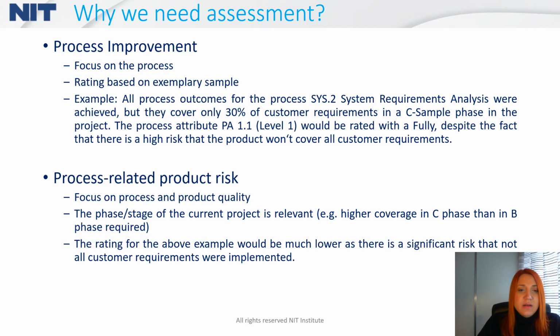In this way of assessing, we will check where the project is. If the project is near some very mature phase, we will be stricter in assessing the product and its outputs.